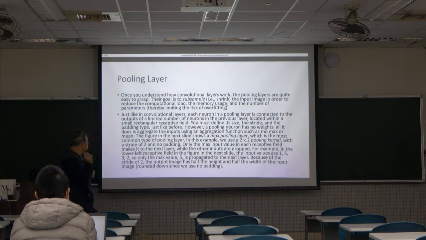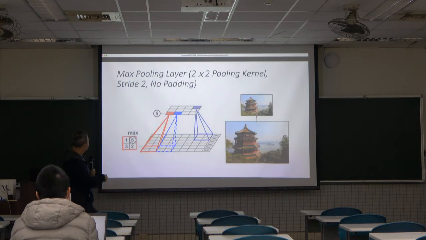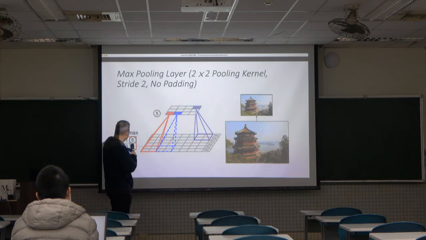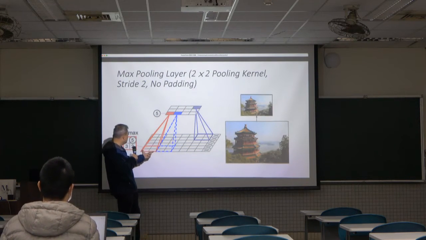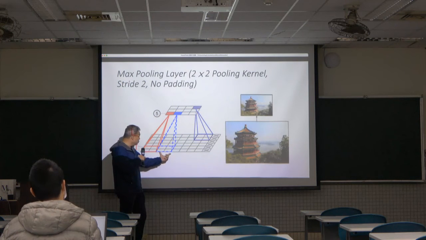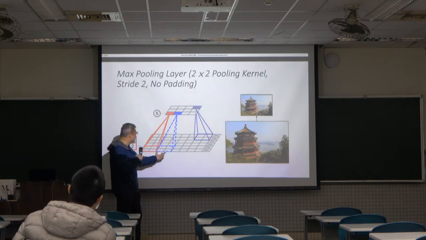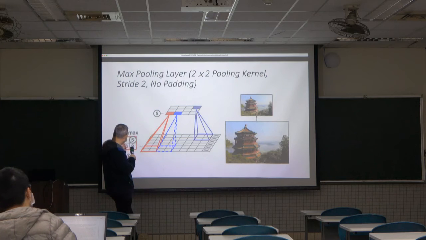Here, I just want to show you an example. This is an example of max pooling, with a kernel size of 2 by 2 and a stride of 2. So every time we move 2 units in each dimension.